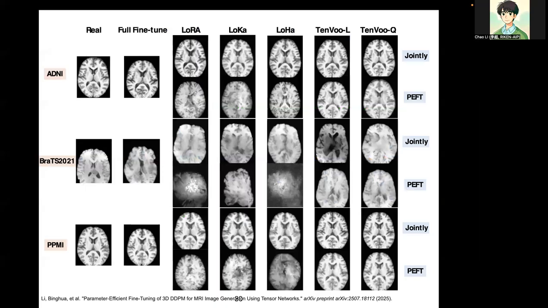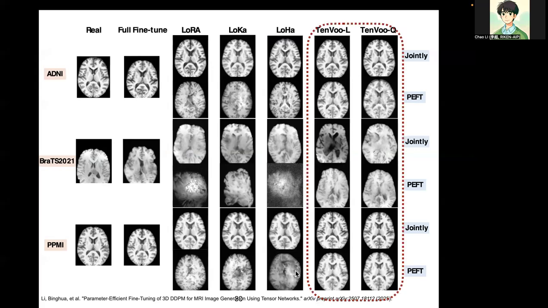Here, we are comparing generated MRI images from different fine-tuning methods across 3 disease-related datasets. You can see that many existing methods either lose the fine structural details or introduce variable artifacts.